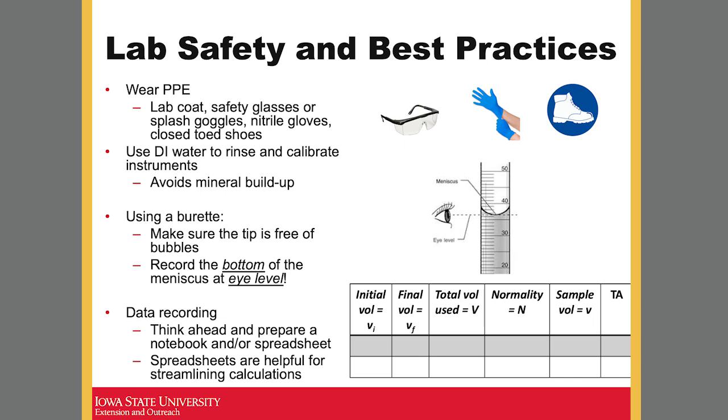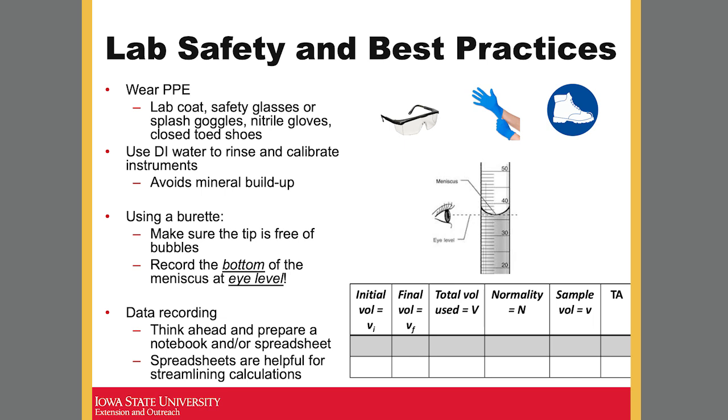If you have gloves, that's one of the things that's really important to wear, especially when you do titratable acidity measurement. That's because you're going to use sodium hydroxide, which is a base, as I explained. Bases are really corrosive, same as acids.